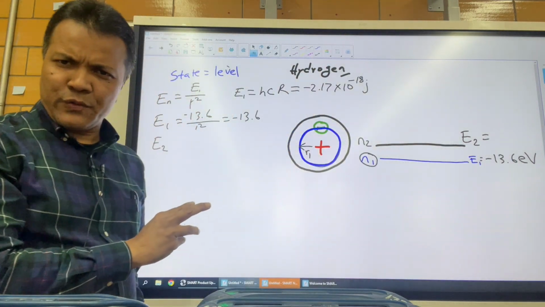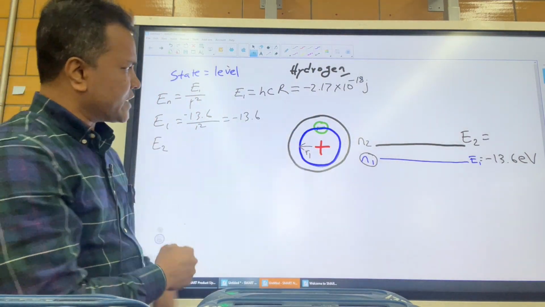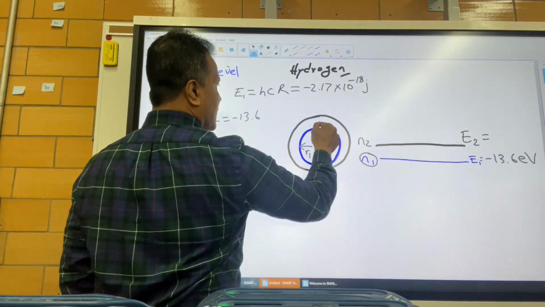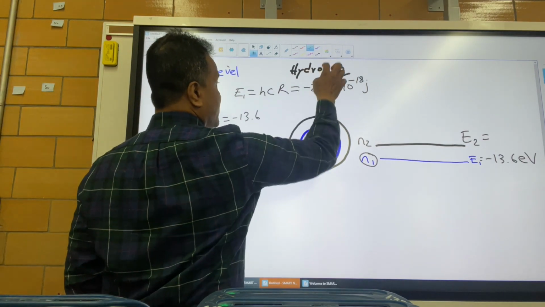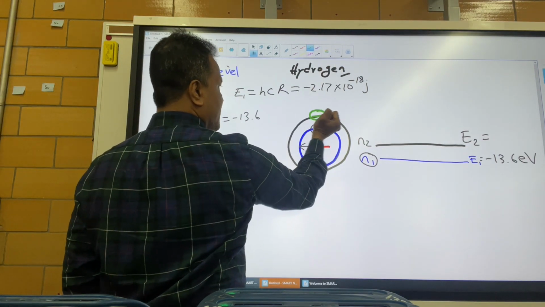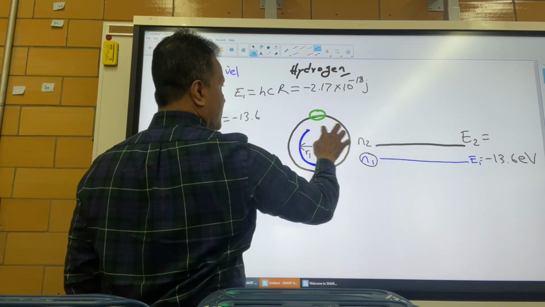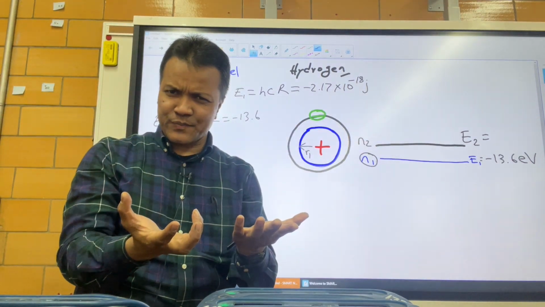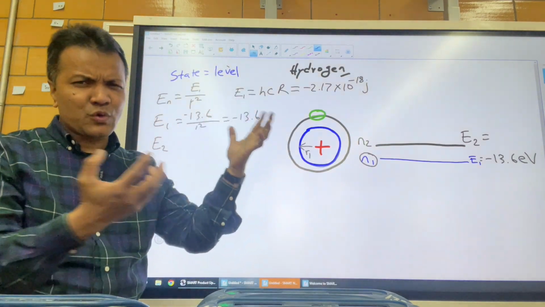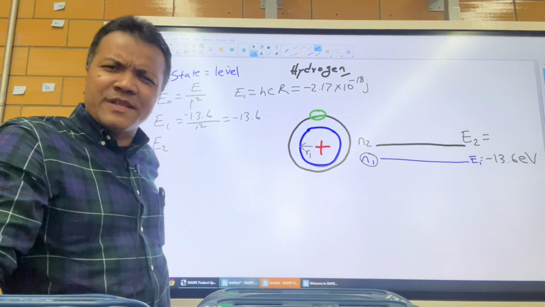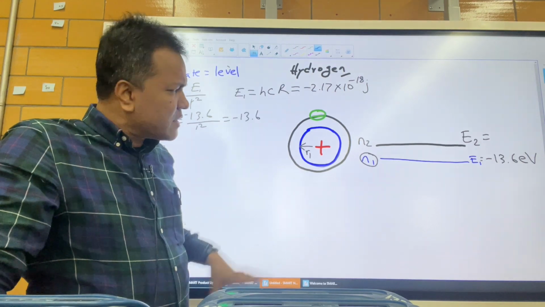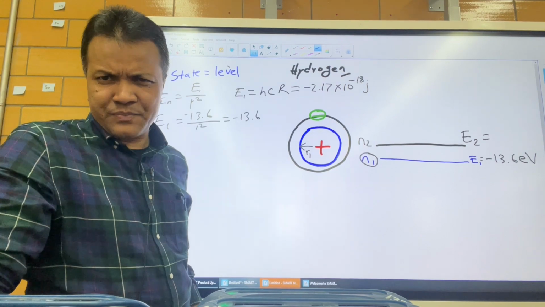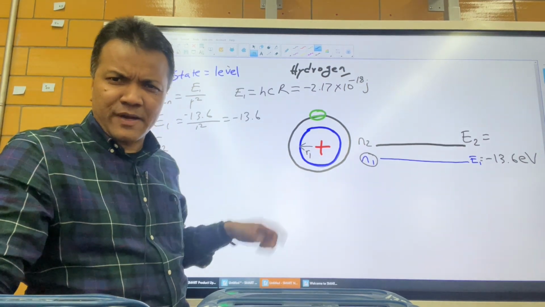So the proton, when the electron is right over here instead of right over here, how much energy does the proton use to control the electron? The proton doesn't like for the electron to be there, because now the proton gets to use a lesser amount of energy. How much less? Let's find out.